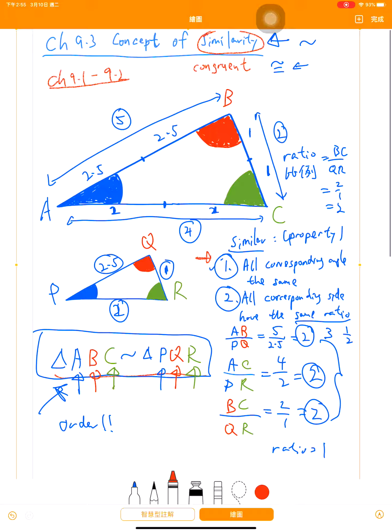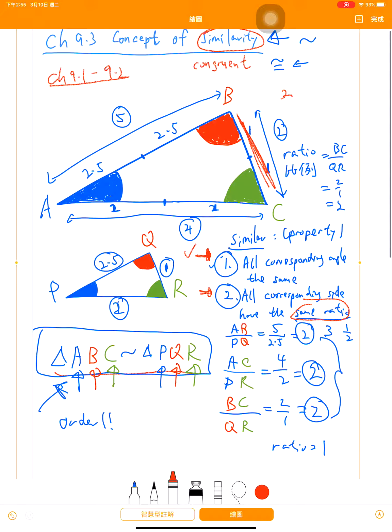The first one, the angles are the same, right? The second one, we also have the same ratio. For example, this one is the same. That means the ratio should be 2/2, that is 1, right? For this one, it's 4/4. The ratio is also 1, right? For the last one, it's also 5/5, which is 1, right?